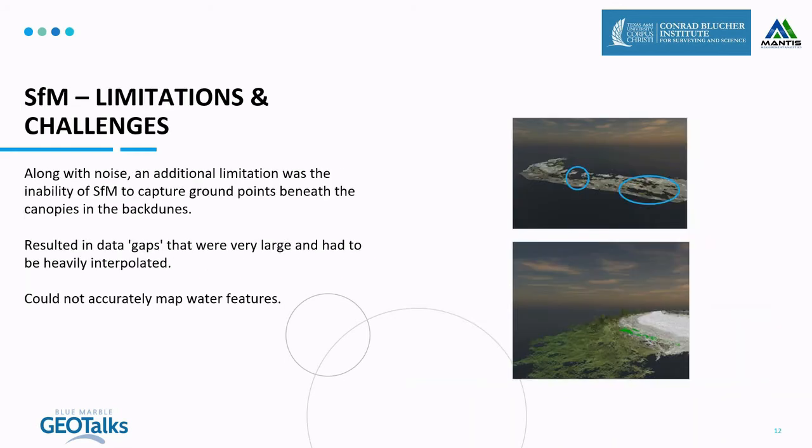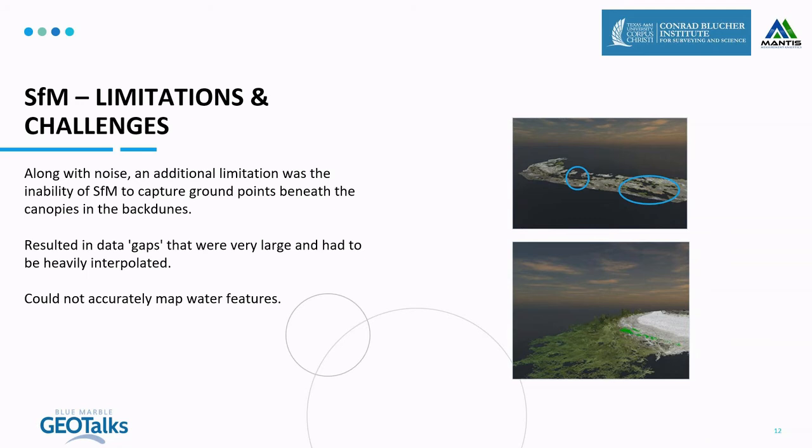And then, moving quickly into the limitations and challenges of using structure from motion. Of course we have the noise, but one of the limitations of structure from motion compared to Lidar is an inability to capture ground points below the canopy.